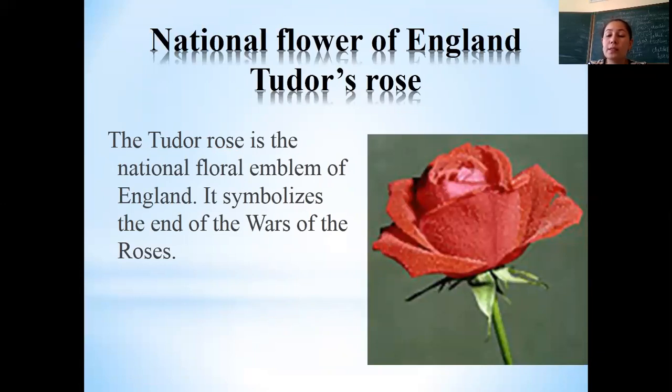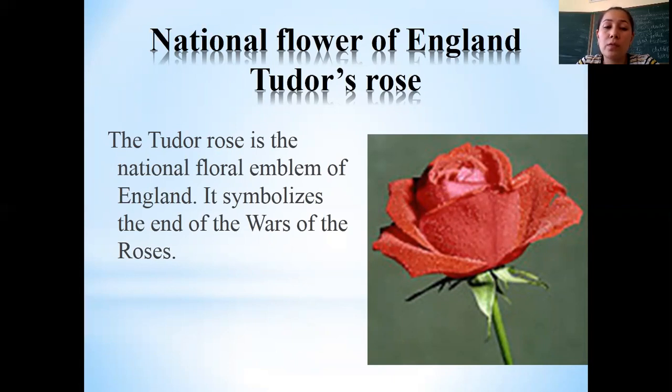So let's see, dear students, the first national flower, of England. The Tudor rose. Of course, for each of them the purpose is connected with the history of Great Britain, the history of England, Scotland, Wales, or Northern Ireland also.